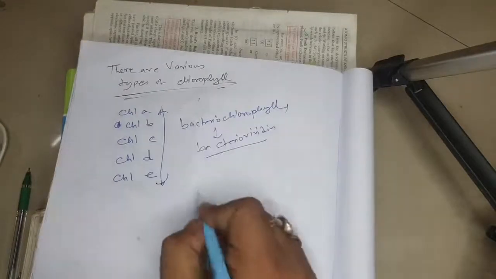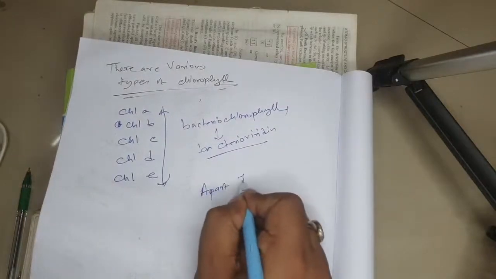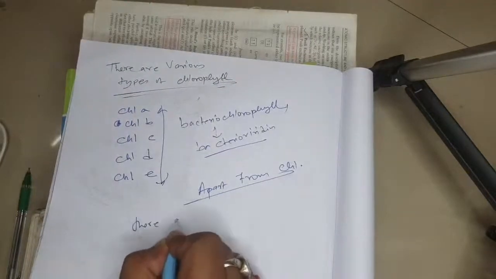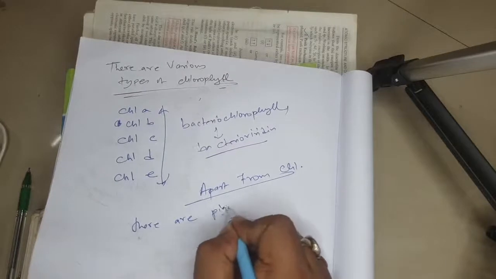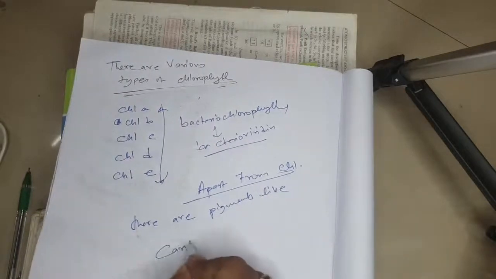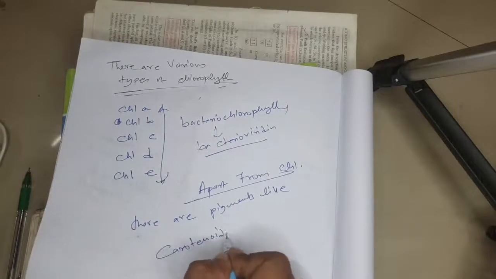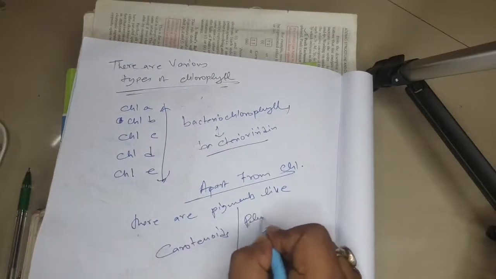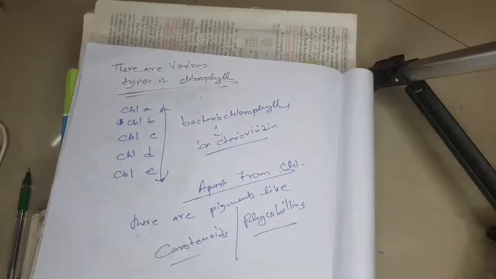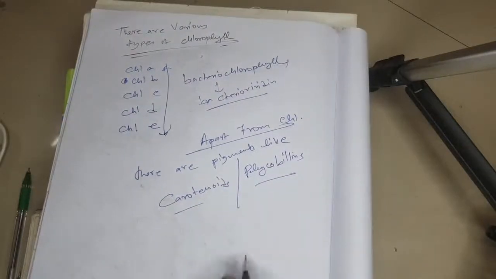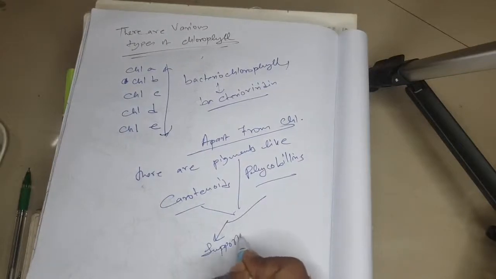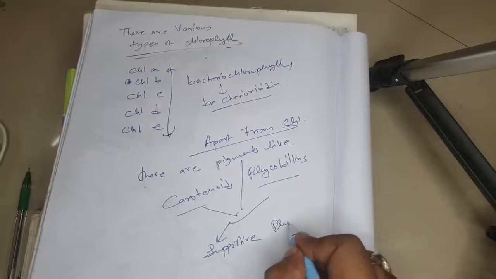Also, apart from chlorophyll, there are pigments like carotenoids and phycobilins. These are also supportive photosynthetic pigments.